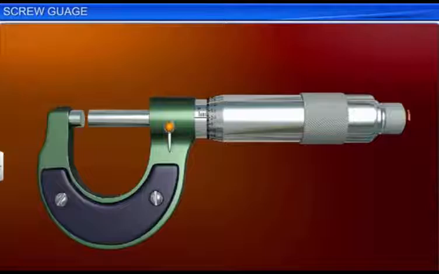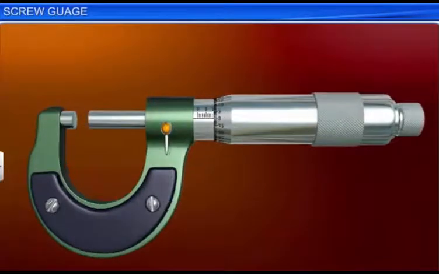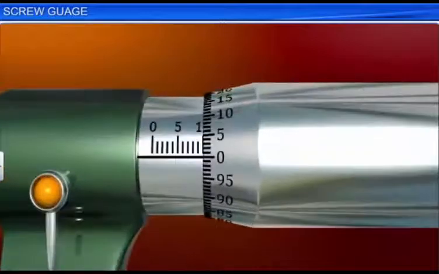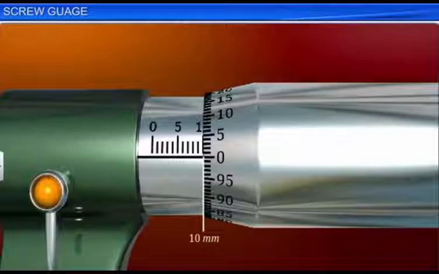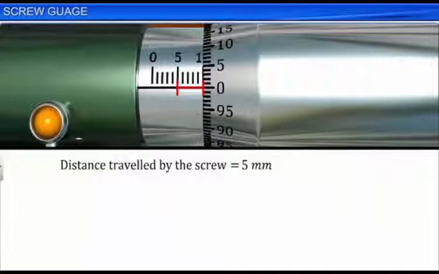Then turn the head scale, which has 100 divisions on it, by a certain number of rotations, say 5. After 5 rotations, the zero of the head scale is at 10 millimeter on the pitch scale. Note the distance traveled by the screw in 5 rotations. Here, it is equal to 5 millimeter.